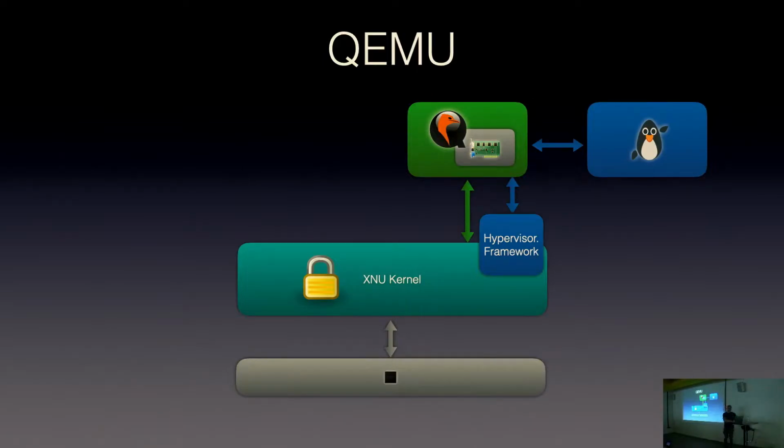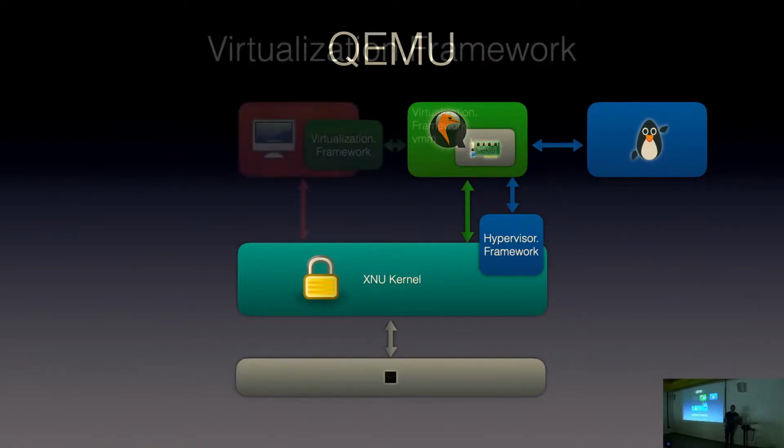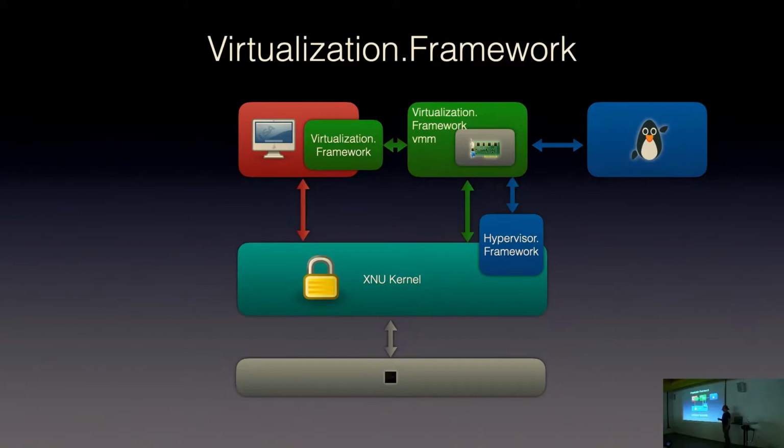Now, in addition to Hypervisor.Framework, Apple also released something called Virtualization.Framework. Great names, right? Virtualization.Framework is a library that creates a separate VMM process and has an RPC interface for you to communicate with that process, which essentially takes over the role of QEMU.